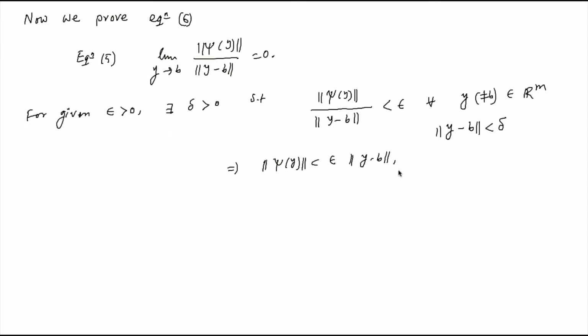So we have, for all y with norm of y minus b less than delta, y belonging to Rm, if we remove the condition y not equal to b, then we have to put a less than or equal to.